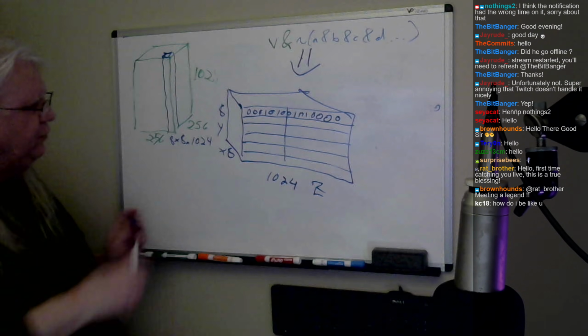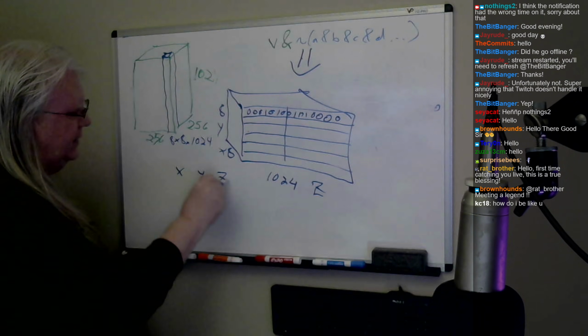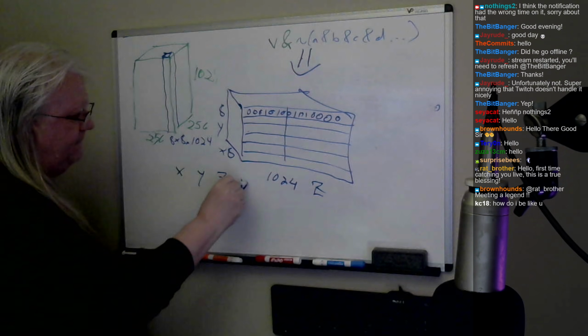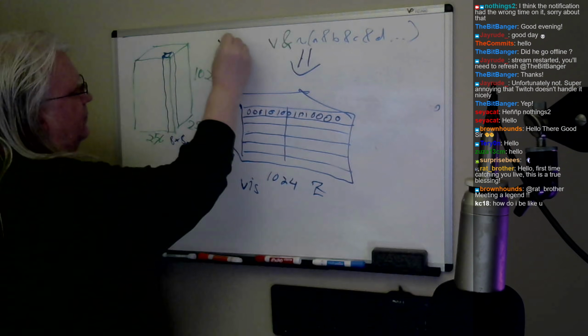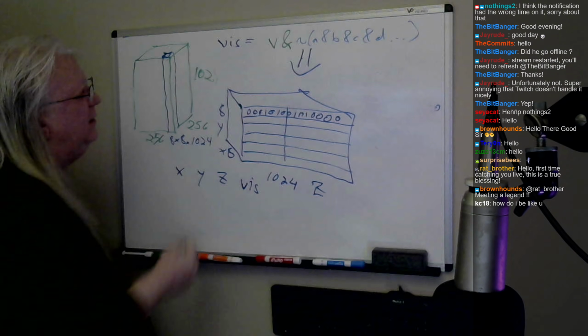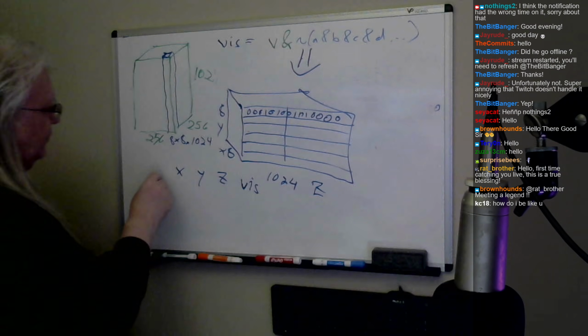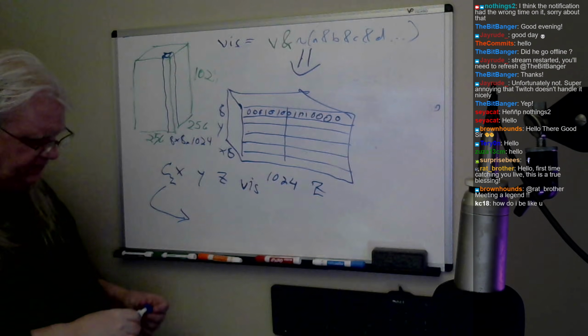So we'll go through and we'll save away the X, the Y, the Z, and the bit pattern. Take all of this and we'll write that out to a new piece of data.